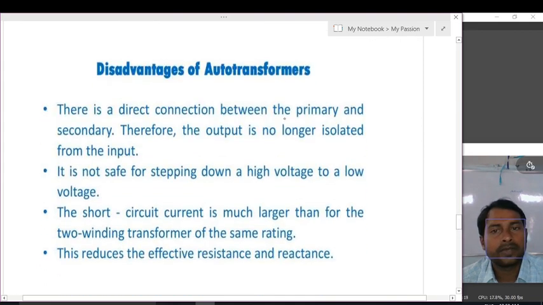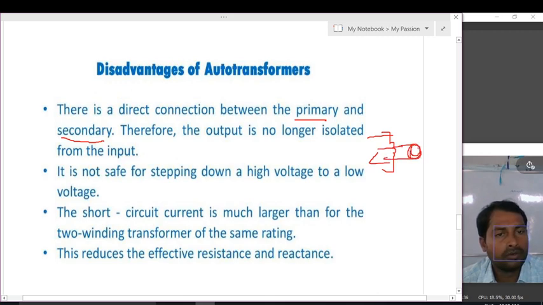Primary and secondary have only an electrical connection. That's why output cannot be isolated from the input, because only one winding is there, so the output is always connected to the load because there is no separate secondary winding.